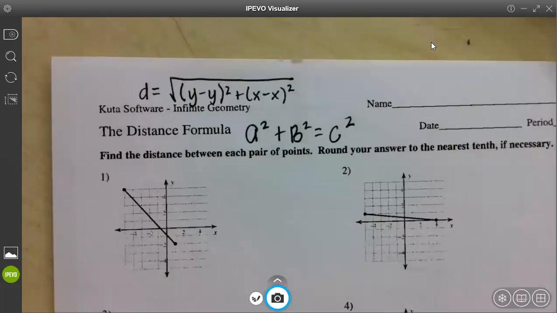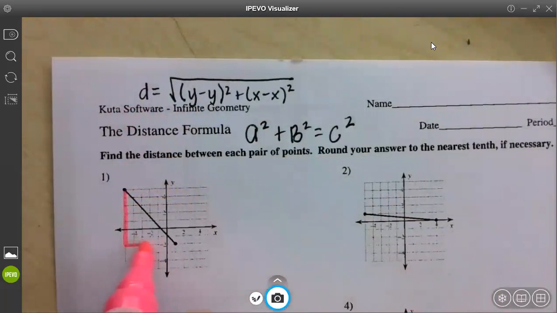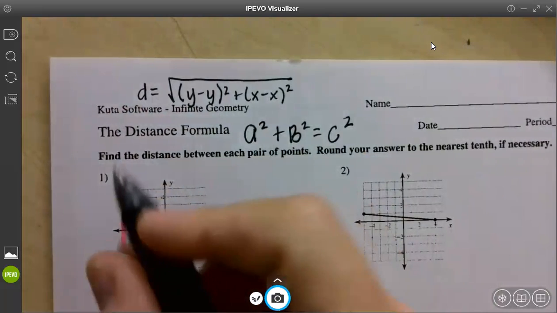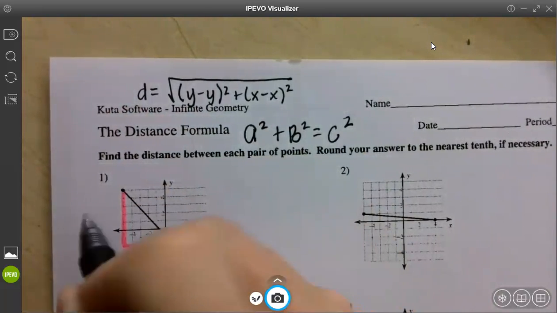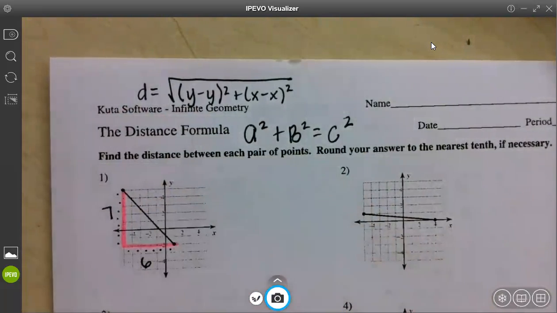So what you're going to do is take this graph, number one, and just like we were doing our slope, we're going to find our rise over run, but that's what we're plugging into the distance formula. So we make a right triangle because that's what the Pythagorean theorem deals with. We're going to count our boxes. So this one is 6. And this one is 7.